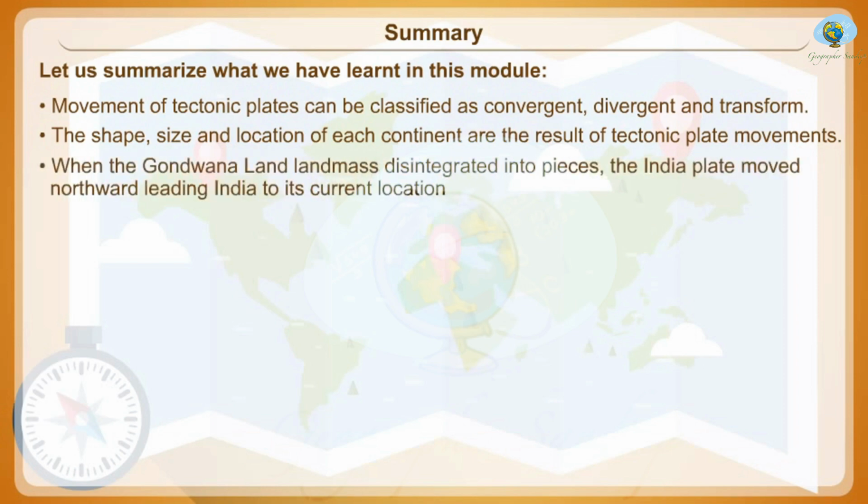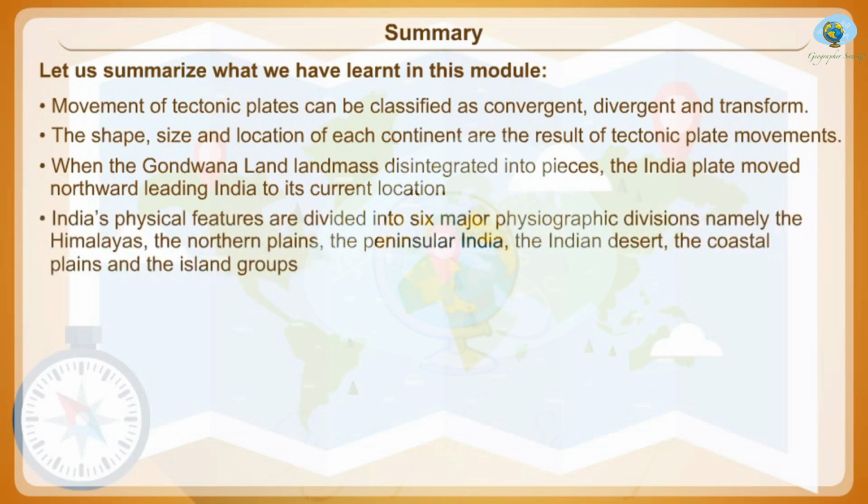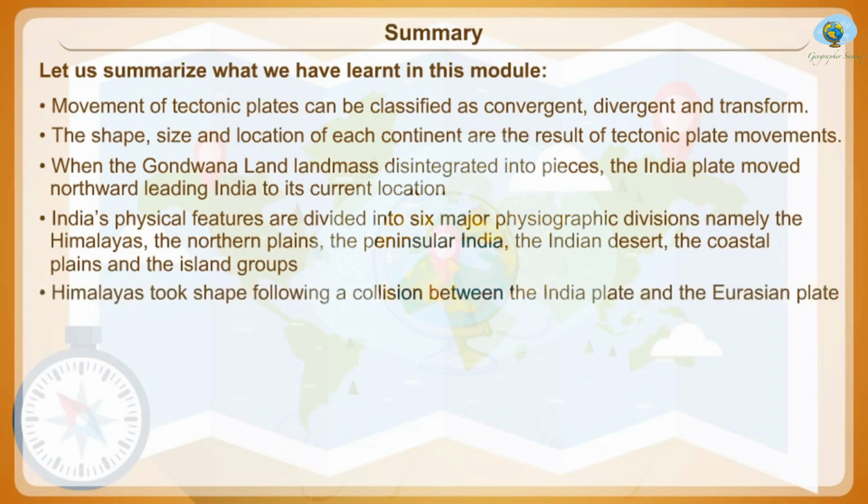When the Gondwana landmass disintegrated into pieces, the India plate moved northward, leading India to its current location. India's physical features are divided into 6 major physiographic divisions, namely the Himalayas, the northern plains, the peninsular India, the Indian desert, the coastal plains, and the island groups.